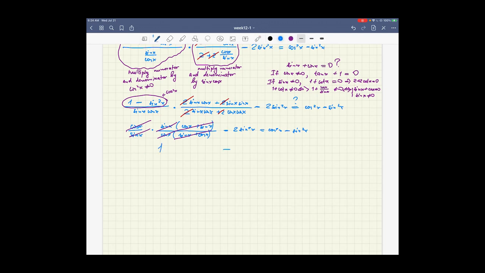I simply get 1 minus 2 sine squared x equals cosine squared x minus sine squared x. And that is certainly true if we replace cosine squared by 1 minus sine squared x. Because then we'll have 1 minus 2 sine squared x equals 1 minus sine squared x minus sine squared x. And so now we have equality of the left-hand side and the right-hand side.